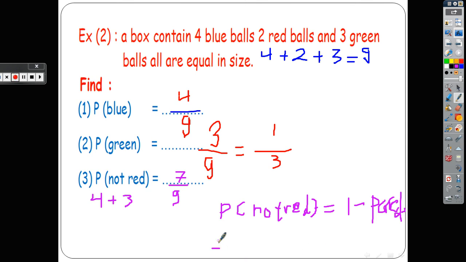Now, if you want to find the answer, you say 1 minus the probability of the red. How many red? 2 over 9.